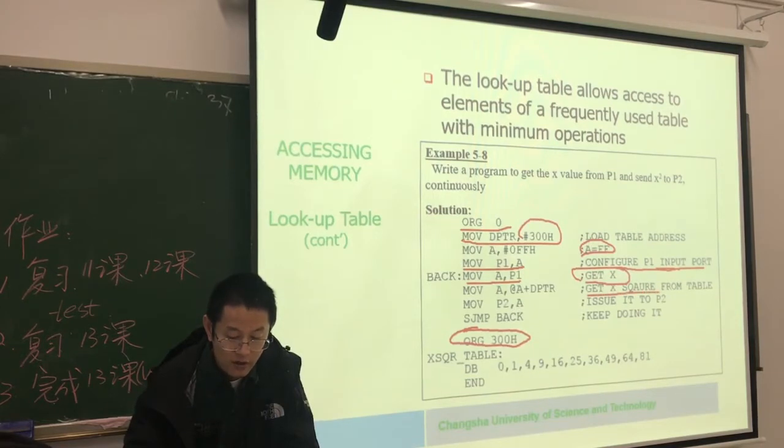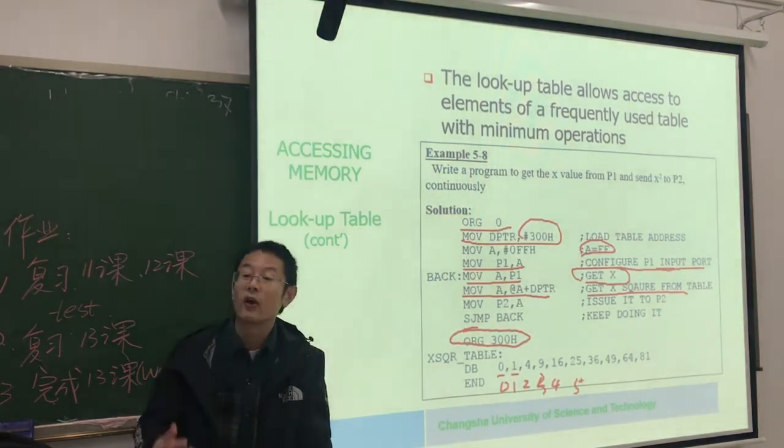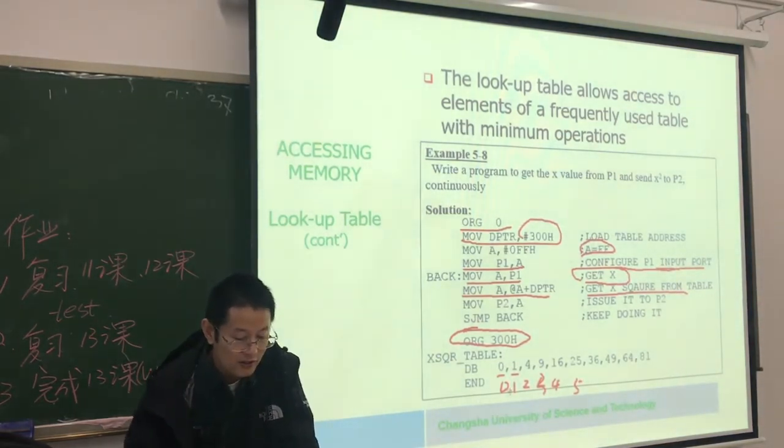Get x square from the table. This is the lookup of the table. You can see the table. First is 0. The square of 0 is 0. Second is 1. So this is 0, 1, 2, 3, 4, 5. You know, in the computer we start from 0.